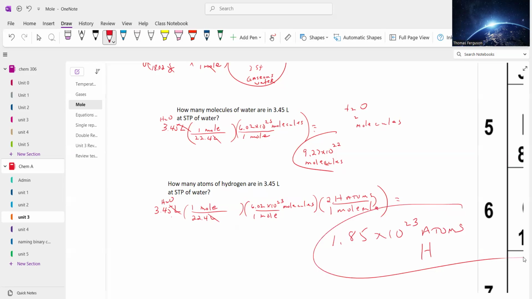Why isn't it one sig fig? Why is it three sig figs? How many is that? Infinite. It's exactly 2 to 1, not 2.01. Exactly 2. That means it's infinite, so we don't count sig figs there. And 3 sig figs.